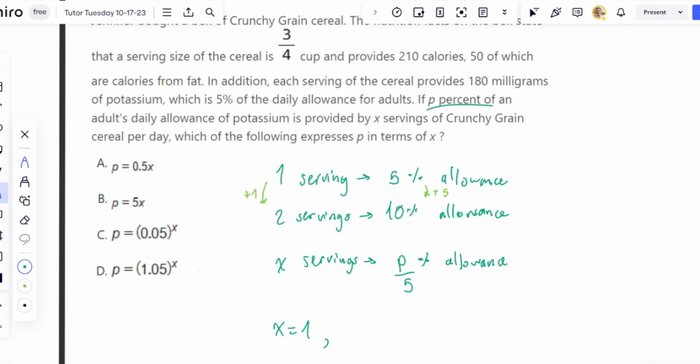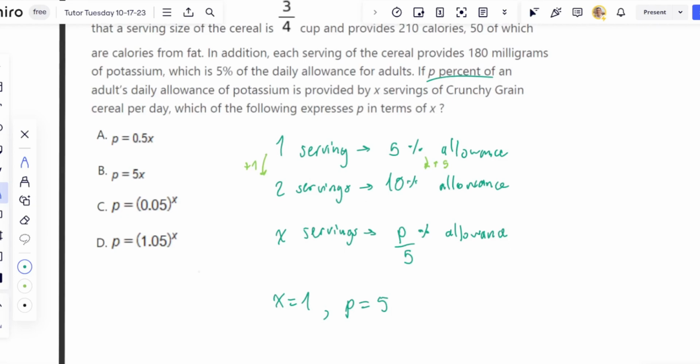If X equals 1, P equals 5. If we wanted to, for example, get 10% of the daily allowance, we could set P equals to 10. X would then need to be equal to 2 in this equation right here. You can see matching those numbers up, this equation holds true.